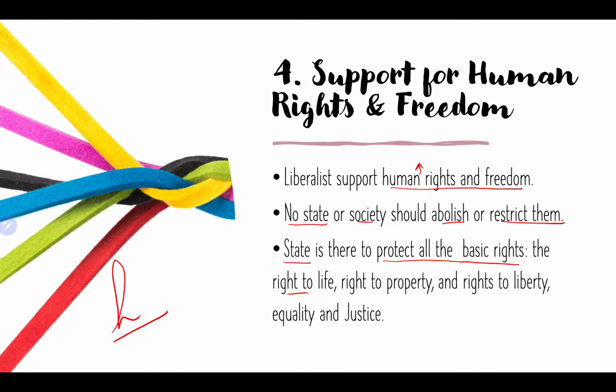The basic rights are the right to life, right to property, right to liberty, equality and justice. These are the basic rights of human beings given by a state, and the state is one mechanism that has to protect the basic rights of these people. So liberalism supports human rights and freedom.